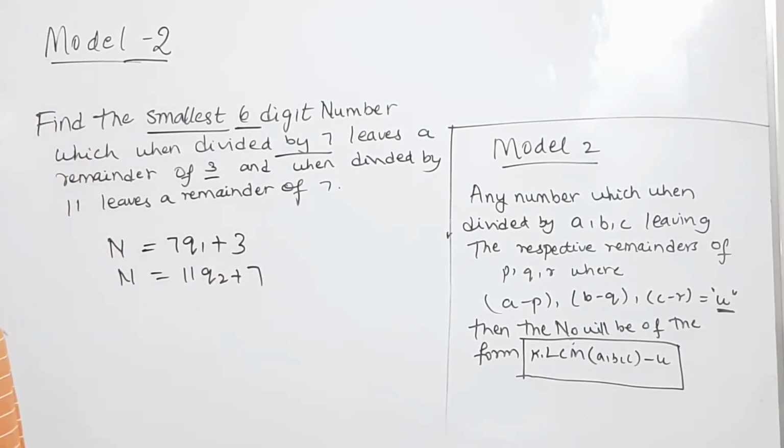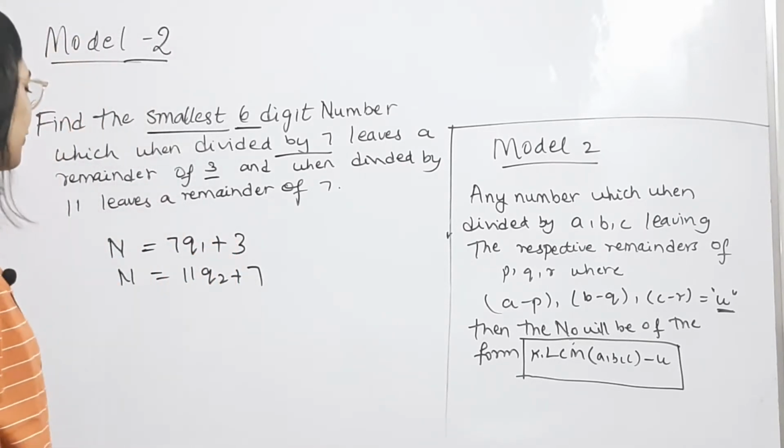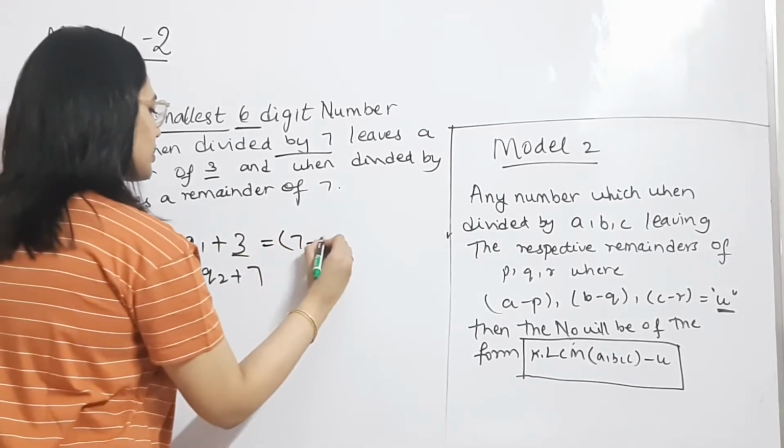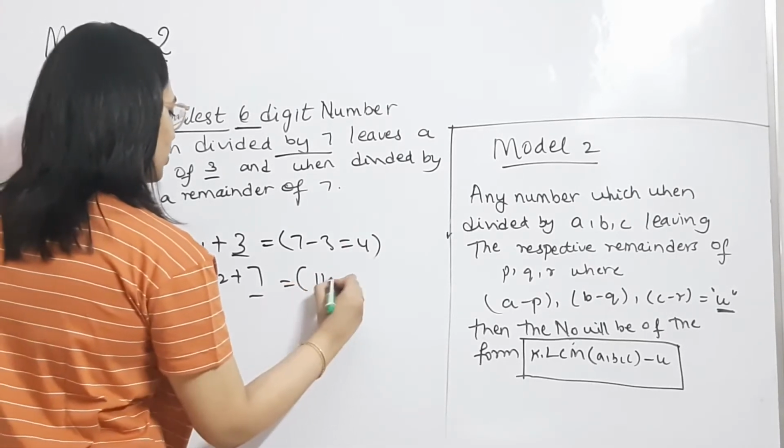You need to get me n. How will you do it? If you see the difference between the divisor and the remainder here, 7 minus 3 is 4, and 11 minus 7 is also 4.